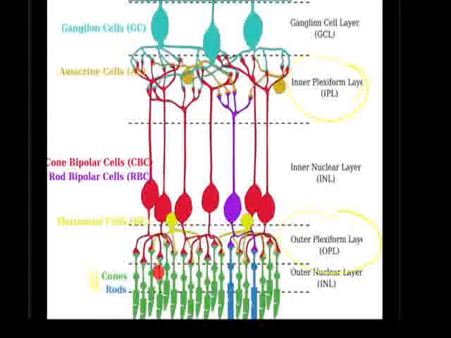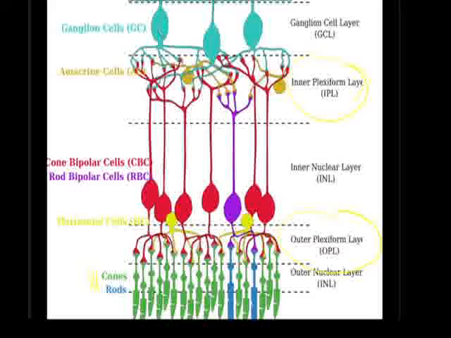If you just ignore some of these cells, but just start with the photoreceptors, the next step is the bipolar cells. And there's two types, rod and cone bipolar cells. And then they go up into the ganglion cells. So that's the main design here.